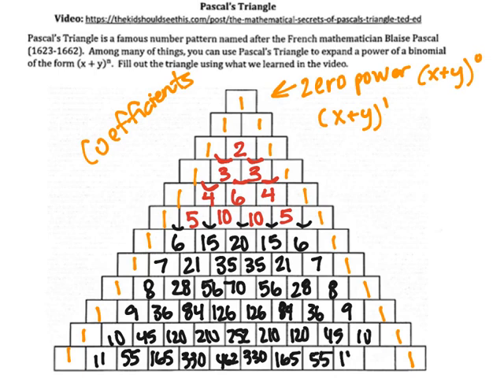Oh, I got one off. Hold up. We got 11, 55, 165, 330, 462. Oh, I should have had 462 twice. Then 330, 165, 55, 11, and 1. All right, so this would be the 0 power. This is the first power.